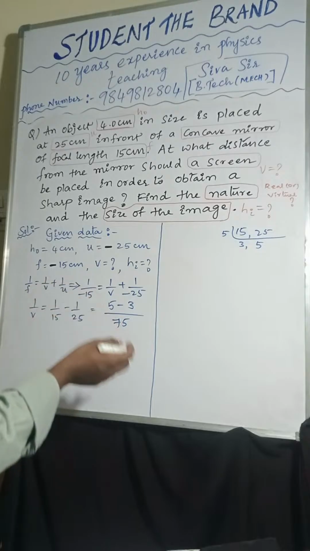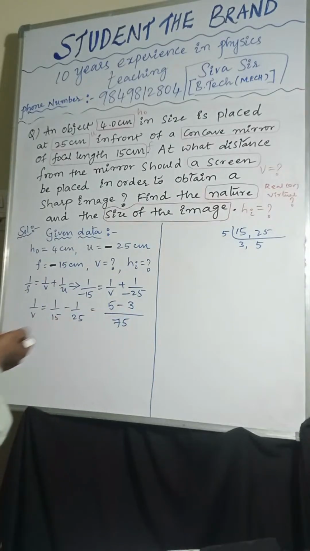Focal length is negative, and object distance is also negative. So 1 by v equals, we are taking the values.